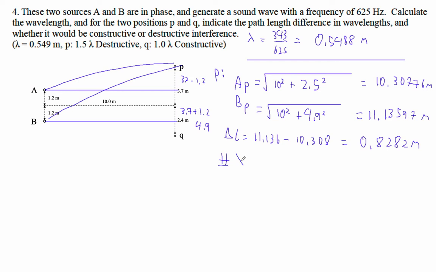The wave number is just going to be the difference in length over lambda, right? So it's 0.8282 over 0.5488. Okay, so that guy divided by 0.5488, and I get 1.509 wavelengths, okay?